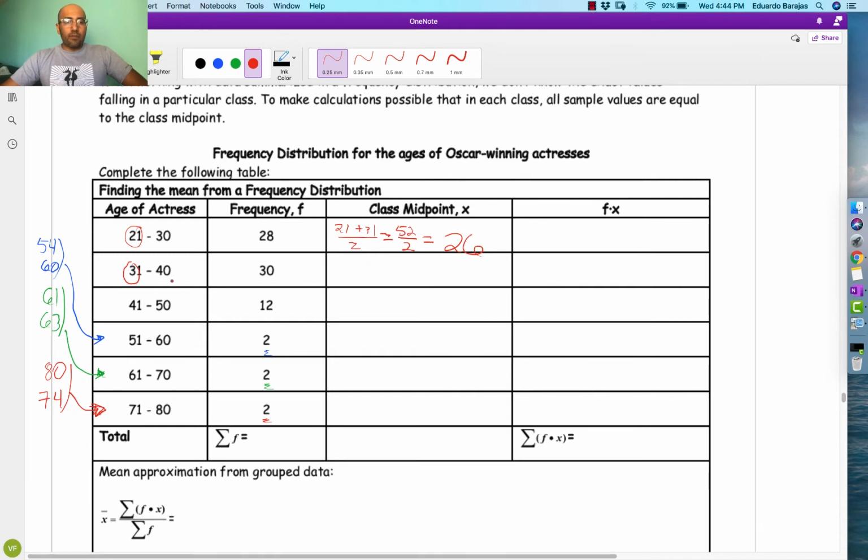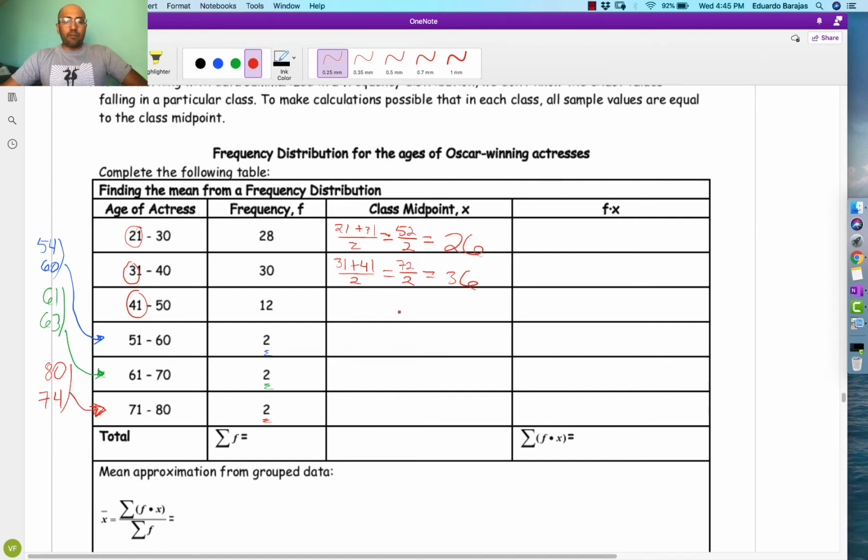Good. All right, now the next one, well, we need these two consecutive values. So we'll use 31 plus 41, and then divide that by 2. We'll get 72 divided by 2, which will be 36.